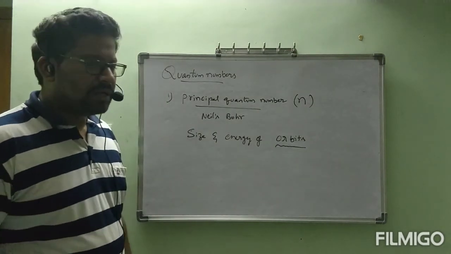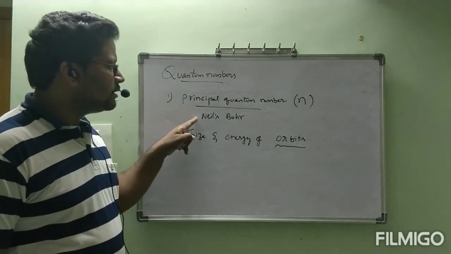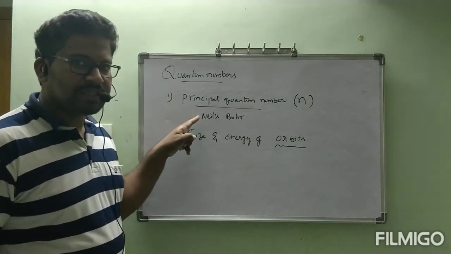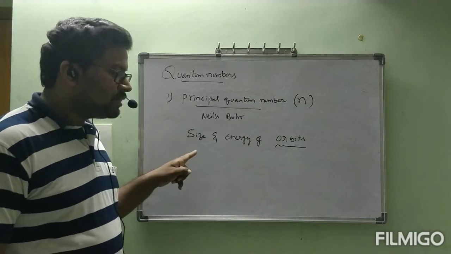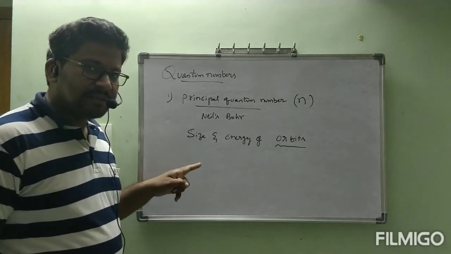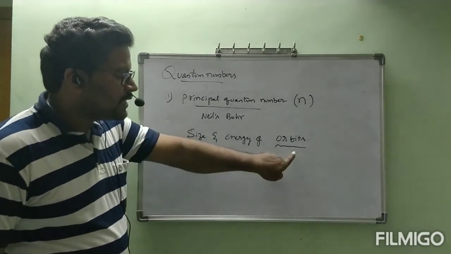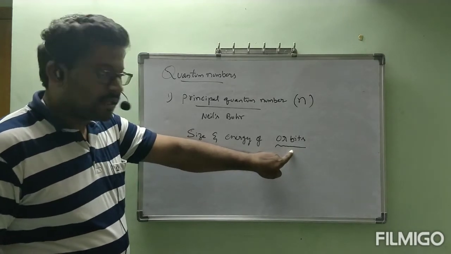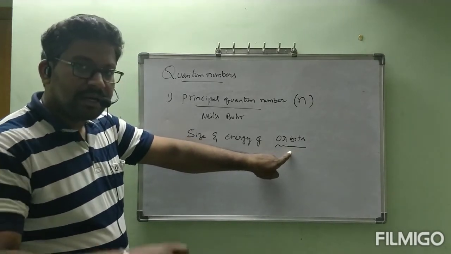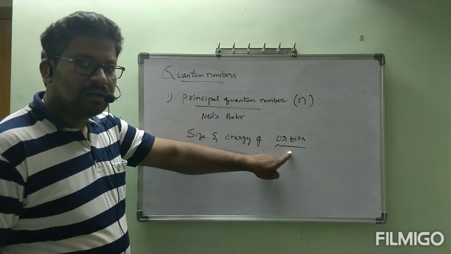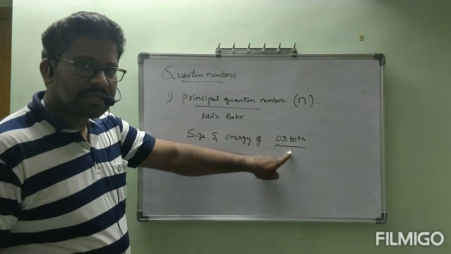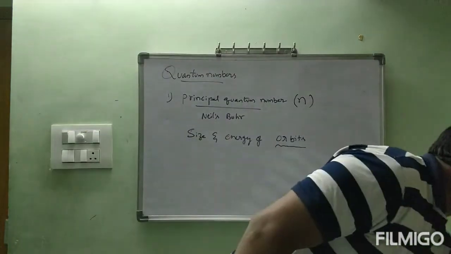Please understand carefully. First I will write which scientist proposed the quantum number. After that I will write that it mainly discusses the size and energy of orbits. I will underline it. Here we are discussing orbits. The next quantum number goes for subshells. Otherwise I will write here shells.